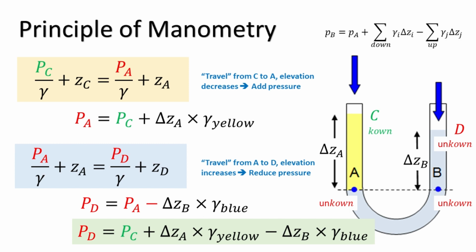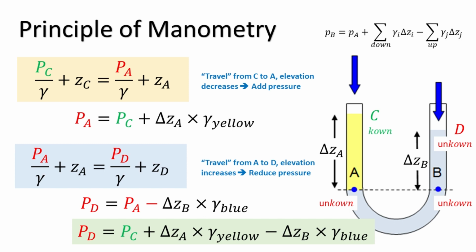For example, if the pressure at C is known, and we need to find the pressure at D, we will make a journey from C to A in the yellow liquid, then from A to D in the blue liquid. We ignore the stop at B, because A and B are in the same liquid and their elevations are the same. According to hydrostatic equations, the pressures at A and B are the same. For the part from C to A, we can use one hydrostatic equation to find pressure PA represented by pressure PC.